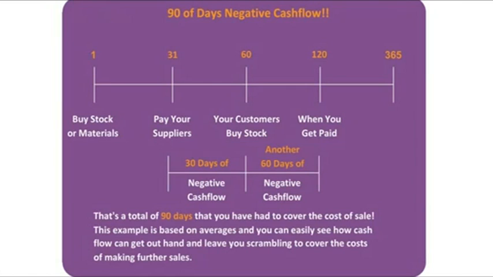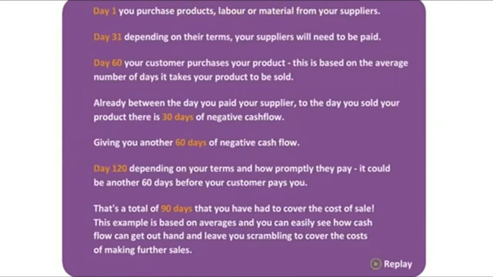This means that the cash has to come from somewhere to fund these sales. This also means that someone else has got your cash for 90 days until you collect it from your customer, that is your supplier or your customer. As you can see, selling creates a need for cash, which means when you sell more, you need more cash.